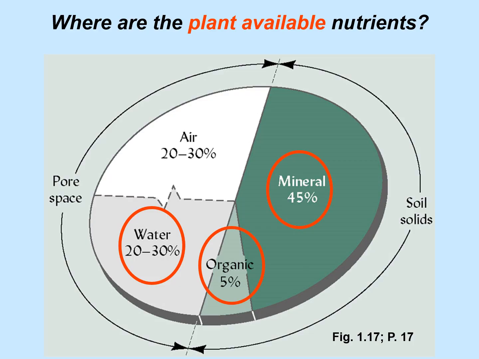So if we look at our simple but elegant, even beautifully elegant soil pie chart, we can see that the components I've circled there, the mineral fraction and the organic fraction, which correspond to the solid soil particles, are where we find plant essential nutrients. And in the water as well, where we could have our dissolved nutrients. That's another location where we're going to find our plant essential nutrients.